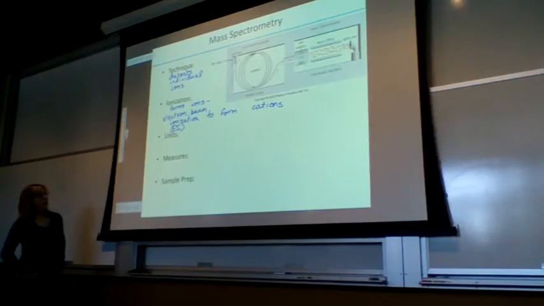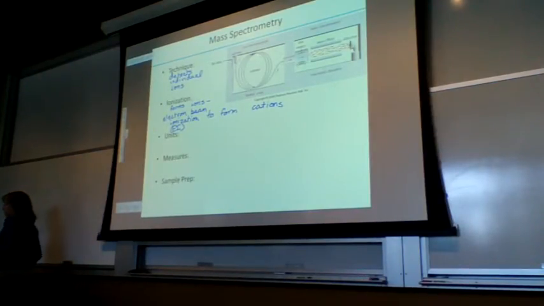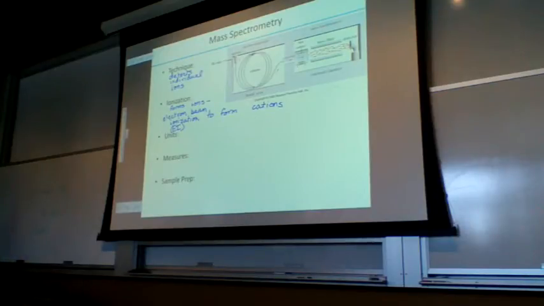The units for this is going to be a mass to charge ratio. So we have the mass divided by Z. You guys have seen this a few times now. Mass to charge ratio. And for the most part, our charge is going to be +1.